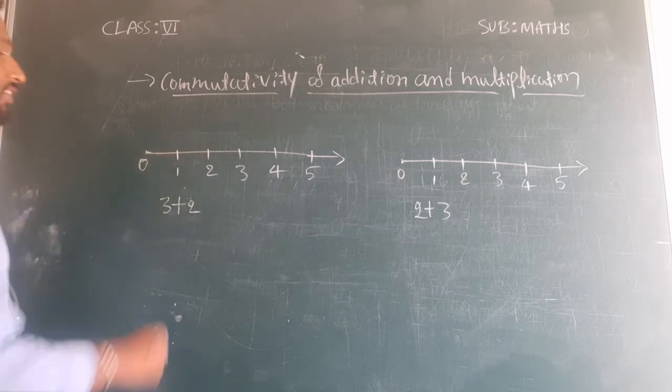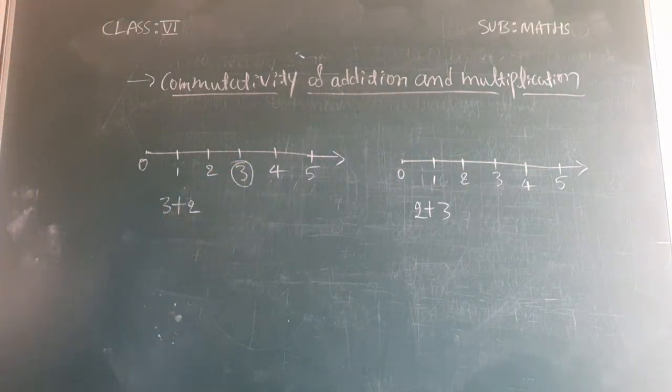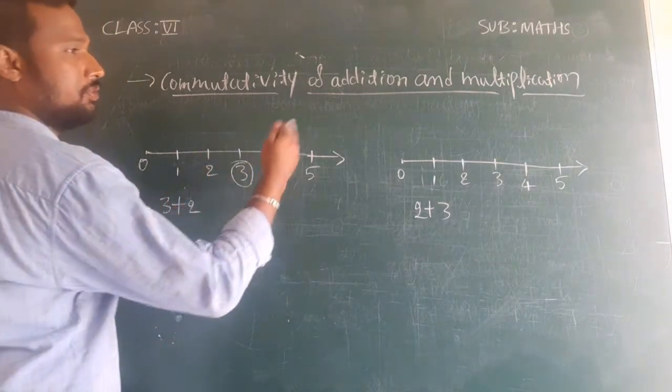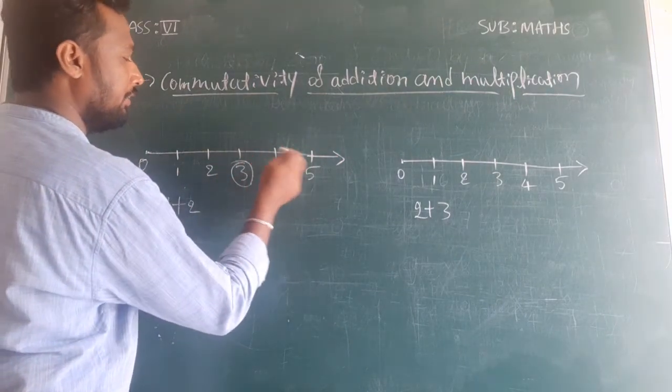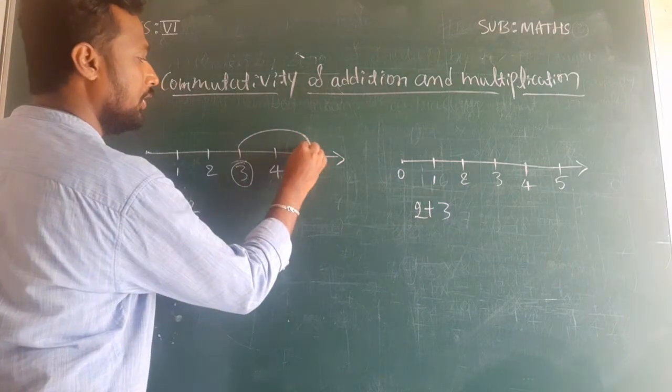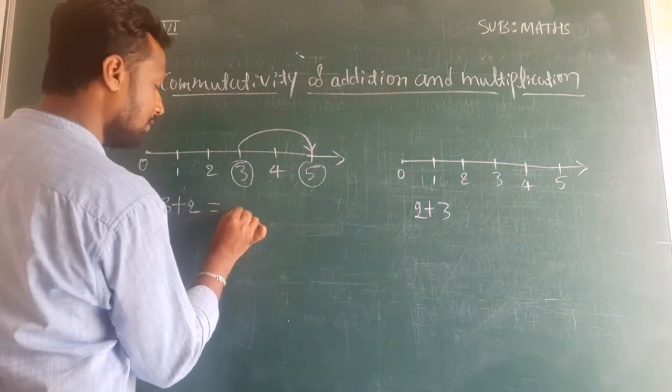Where we have 3, we add 2, which means we move 2 steps towards the right side. This is 1 unit and the second unit. So what is the answer I got here? That is 5.